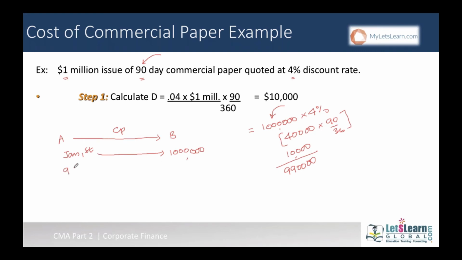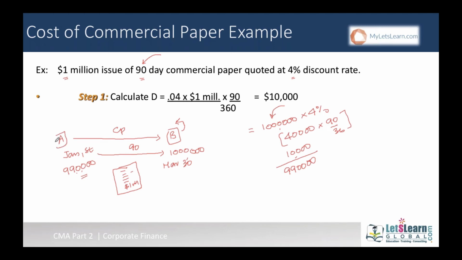But at the moment, company A is receiving only 990,000. The commercial paper face value is 1 million, but it is issued at 990,000. So company B will pay only 990,000 to get this instrument of 1 million. After 90 days from January 1st, say March 30th, company B will get 1 million from company A.